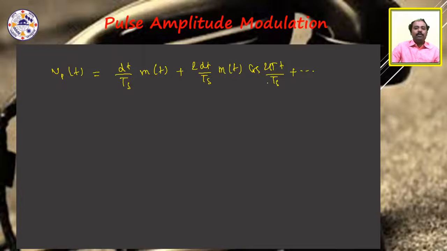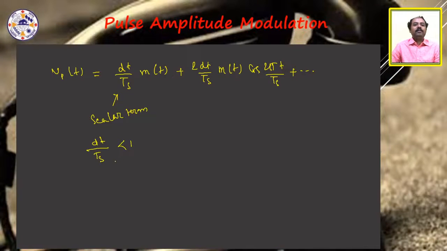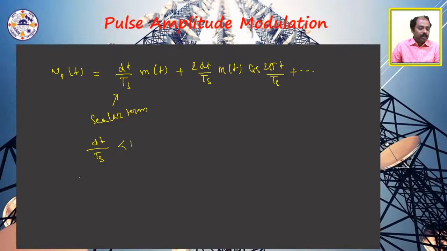Fine. So I want to show you here, this is a scalar term. Clear? dt by ts. So dt is very much less than ts, so this is always less than 1. Since this is always less than 1, the amplitude of the modulating signal gets reduced.